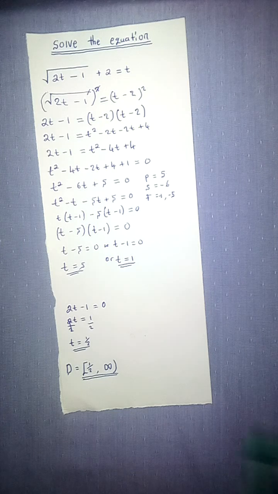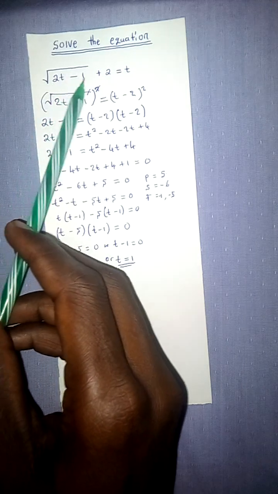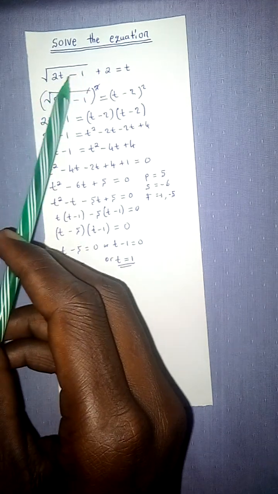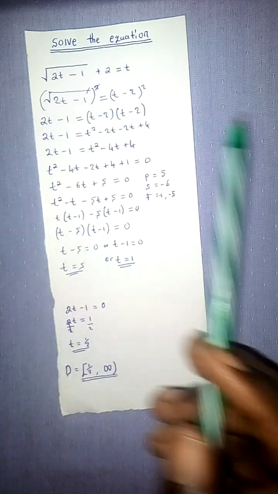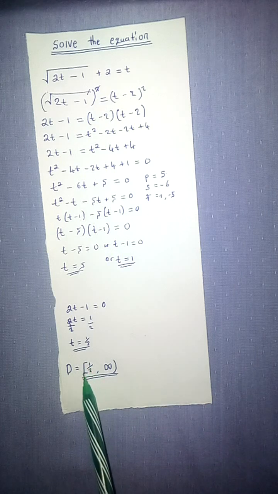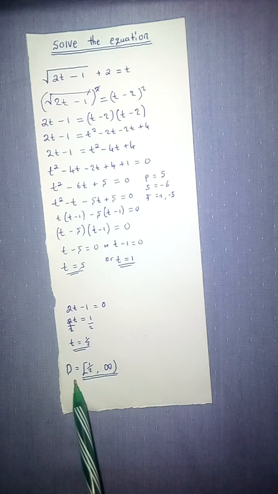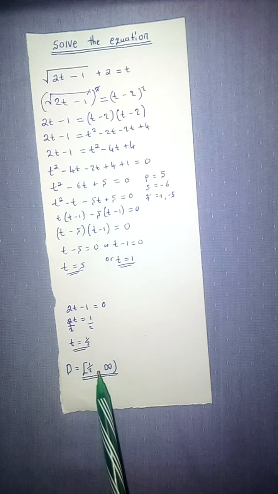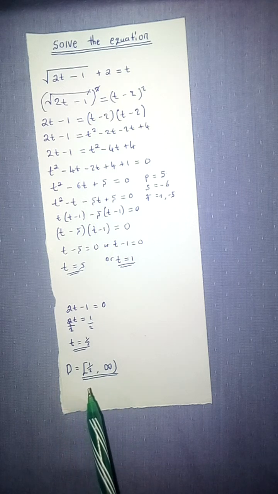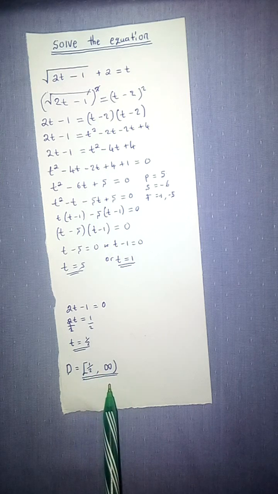So when we get half and plug it there, inside here we'll have 0. The square root of 0 is 0, and in that case this thing will be valid. But when we get something that is less than half, we'll get a negative value, and we don't want to get a negative value. Therefore our domain becomes this, right?